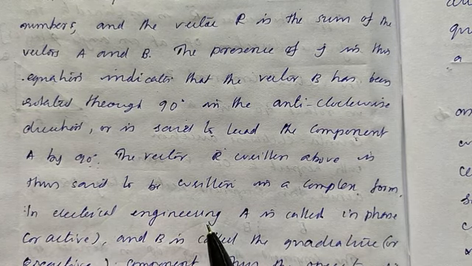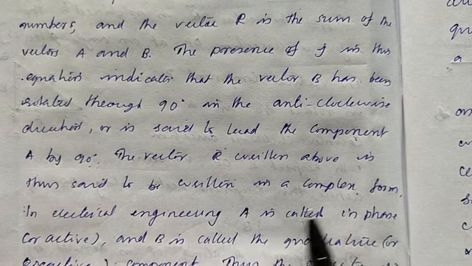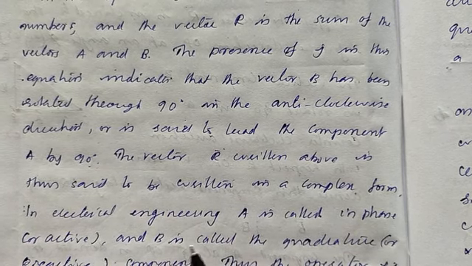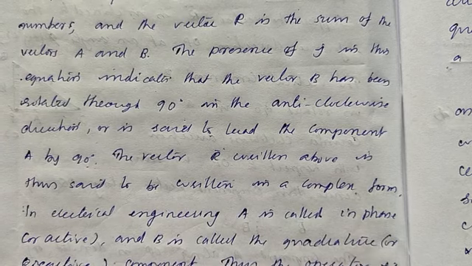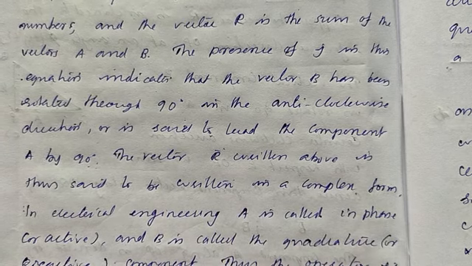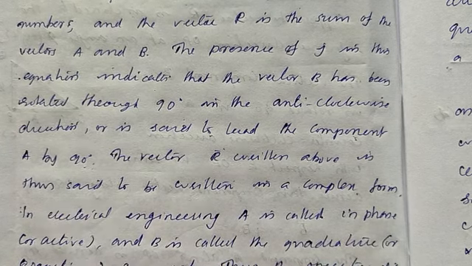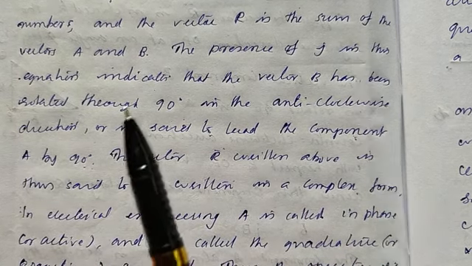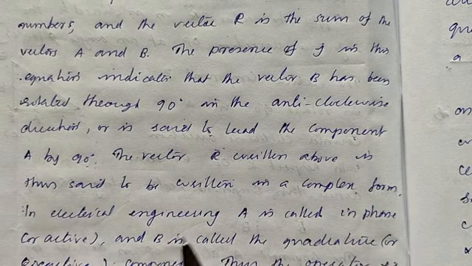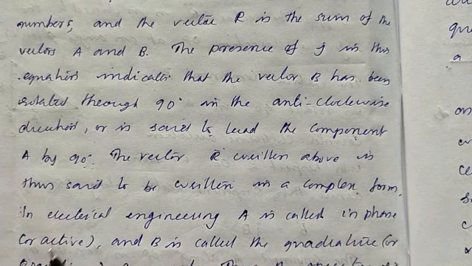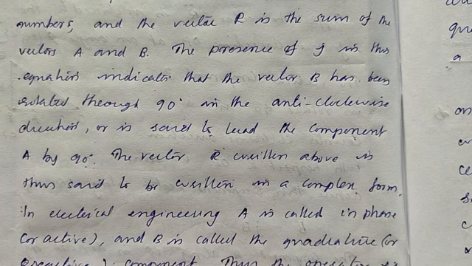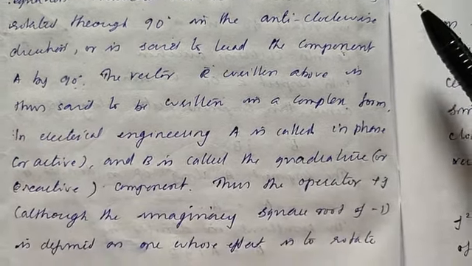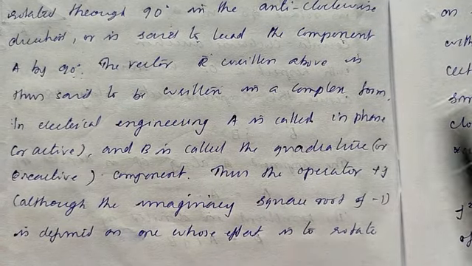In electrical engineering, A is called the in-phase or active component and B is called the quadrature or reactive component. Here we are using these as the reference component and quadrature component, while in electrical engineering they use active or reactive components. That's all. This is the operator plus j.